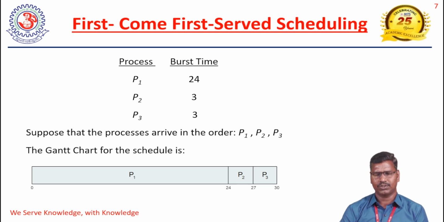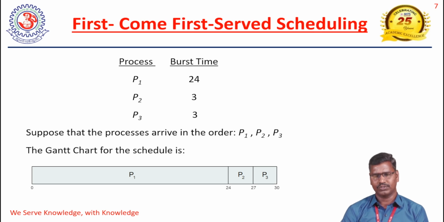Okay, here we have these three processes allocated in first come first served. Here we have to draw the Gantt chart based on the scheduling. The first process has a burst time of 24 milliseconds, so with no waiting time, it runs from 0 to 24.